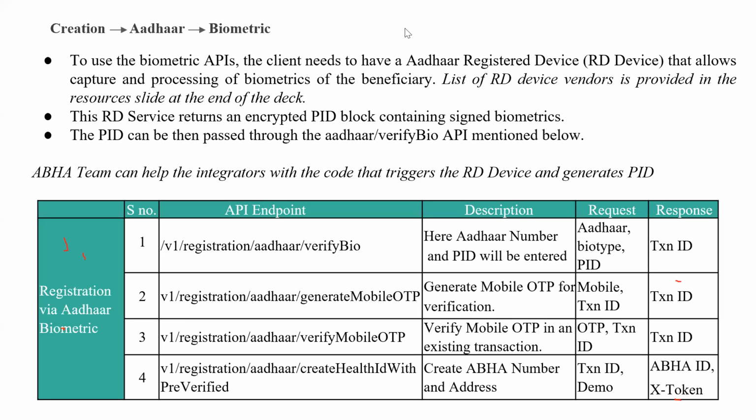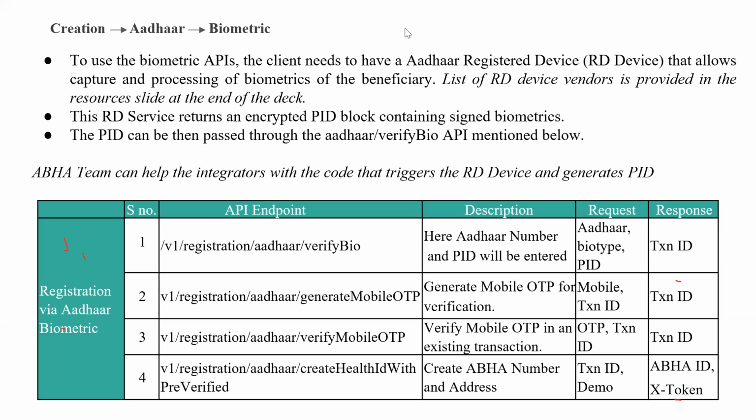This presents the list of the APIs. First, we'll use the V1 registration Aadhaar verify bio. It will contain the Aadhaar number and the PID, and the biotype would be FMR plus FIR, and then a TXN ID would be generated in response.